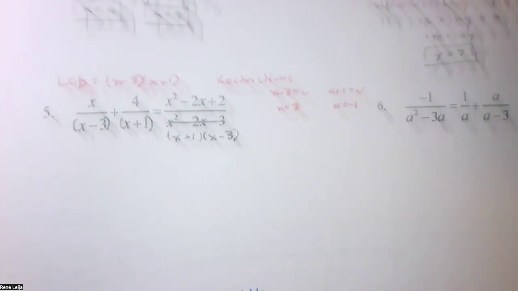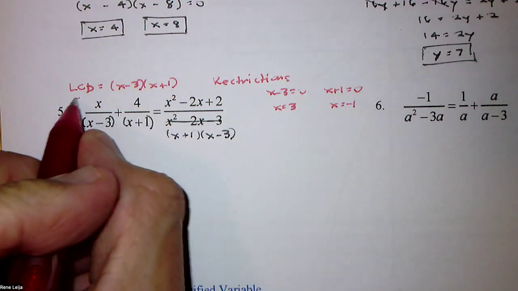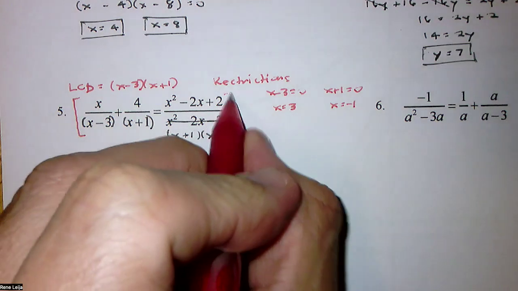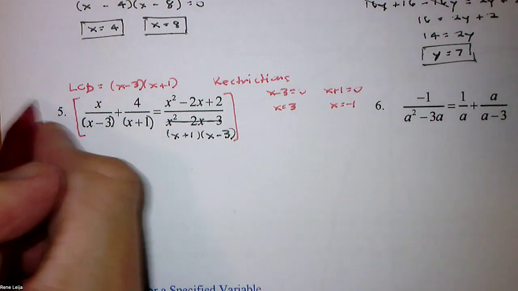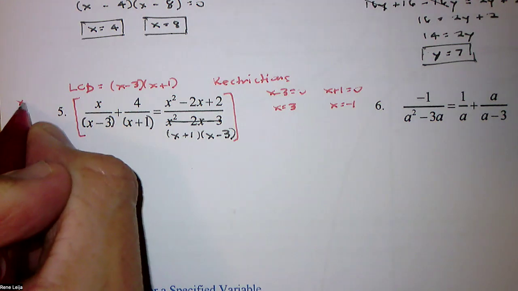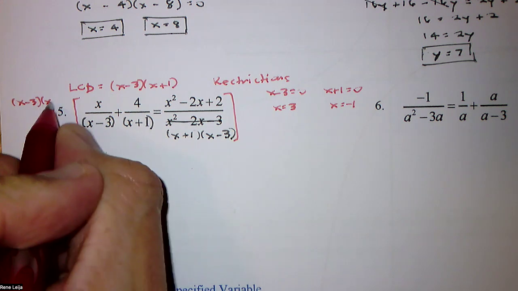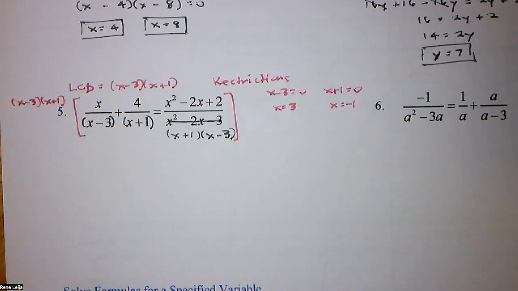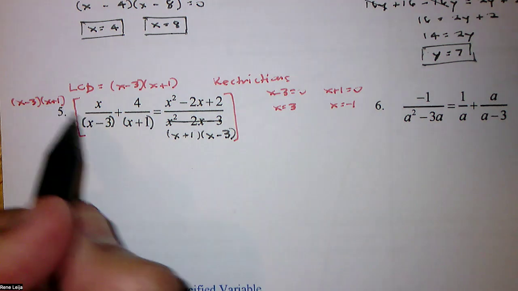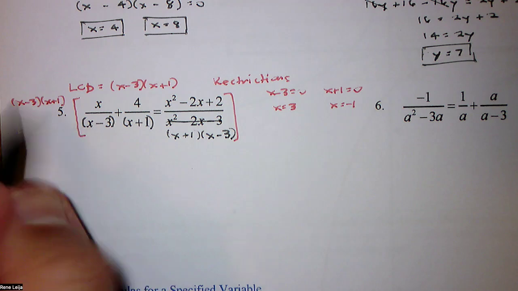Okay, so now we are going to multiply everything through by our LCD. But remember, the purpose of this is to get rid of your denominator. So when I distribute to the first term, the x minus 3's go away.